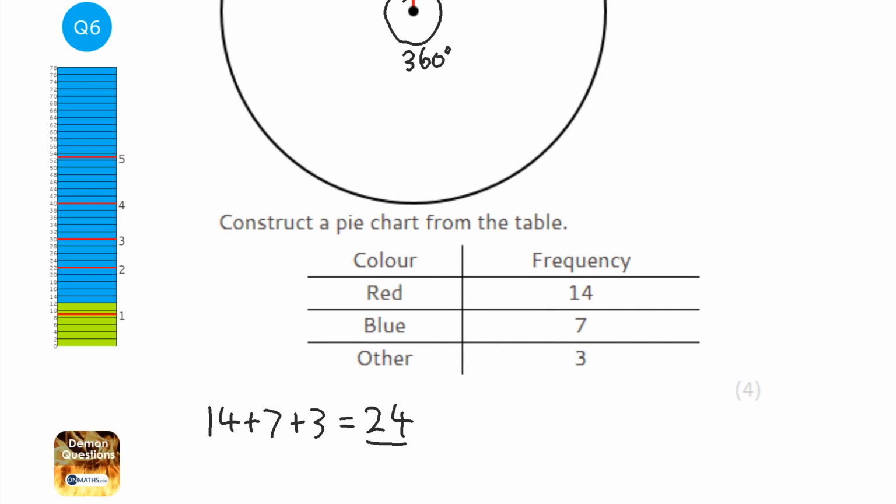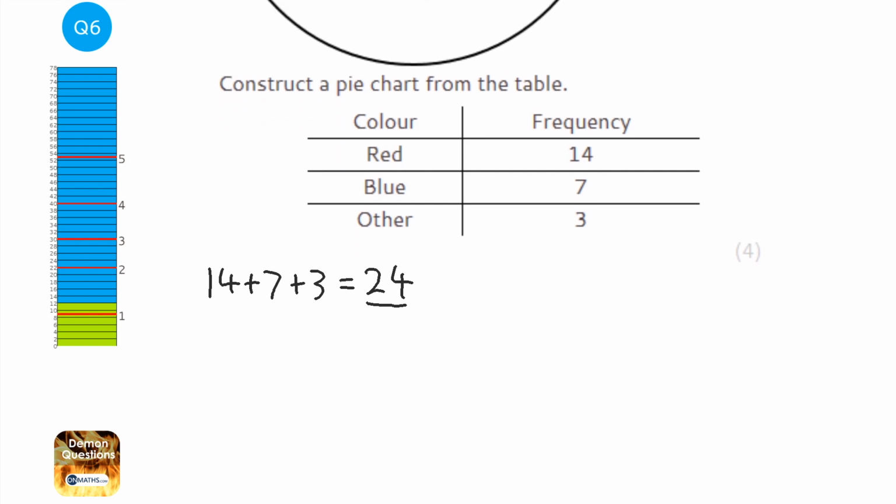So we've got to find out what we're going to multiply all these frequencies by to get them to add up to 360. We do that really simply by doing the calculation 360 divided by whatever the total of the frequencies are. So 360 divided by 24 on the calculator equals 15.